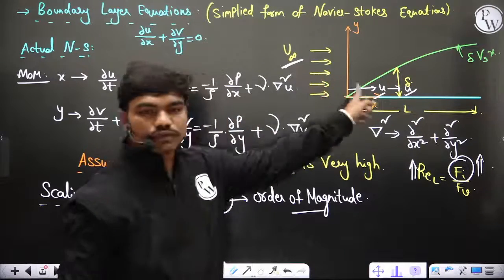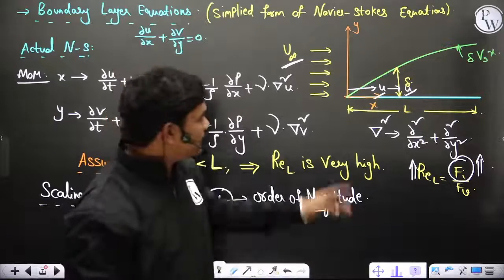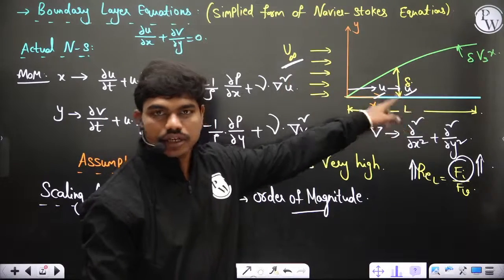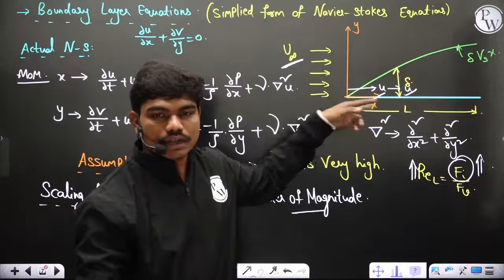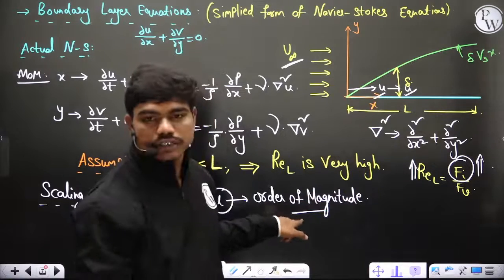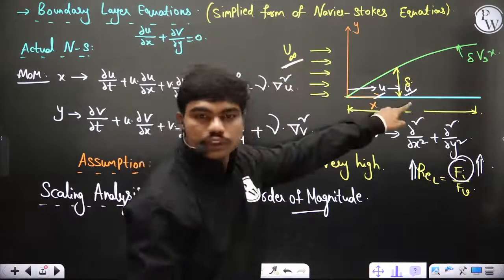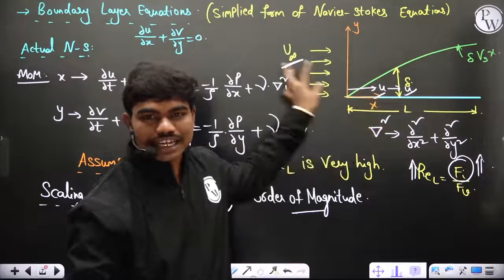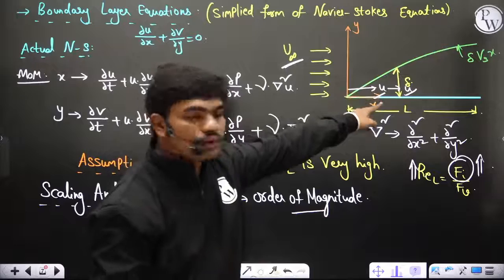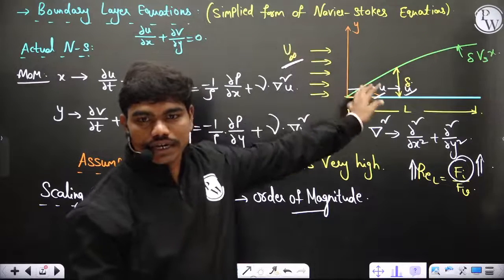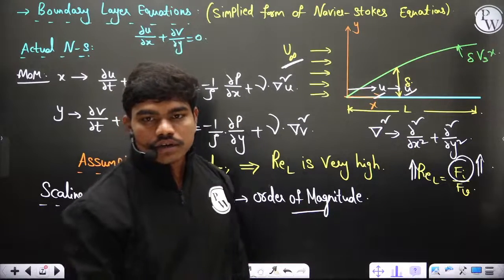It may be half of this, 1/3 of this or something, but it's not like this is 1000 times of this. Understood? These two magnitudes are relatable, is what I mean by order of magnitude. Like, you can see this u infinity and this u are closely connected to each other, but it's not like they are completely different. It's not like if u is 10, this is 1000, this is 100. It's not like that. Okay?